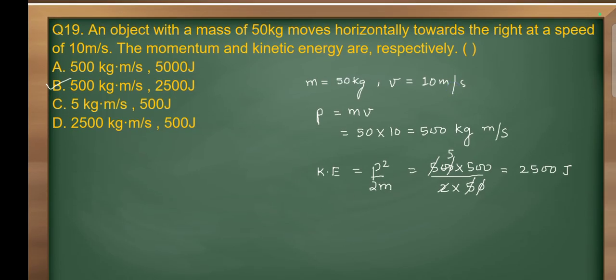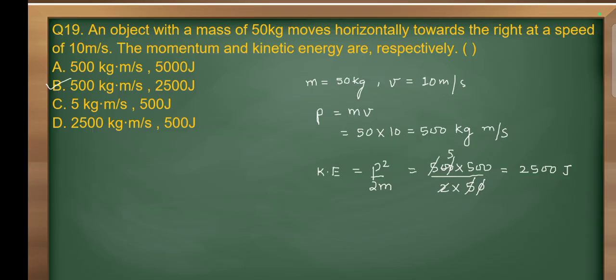Question 19. An object with a mass of 50 kg moves horizontally towards the right at a speed of 10 meter per second. The momentum and kinetic energy are respectively... Here, the mass of object is 50 kg and velocity is equal to 10 meter per second. So we know that momentum is equal to mass times velocity.